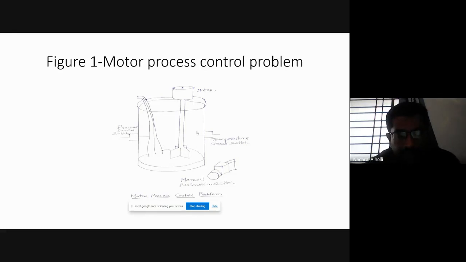The motor is connected to this arrangement, which rotates the liquid in this container, or vat. This is how we are monitoring this process control problem.